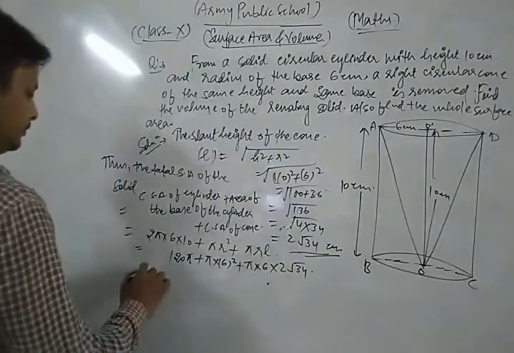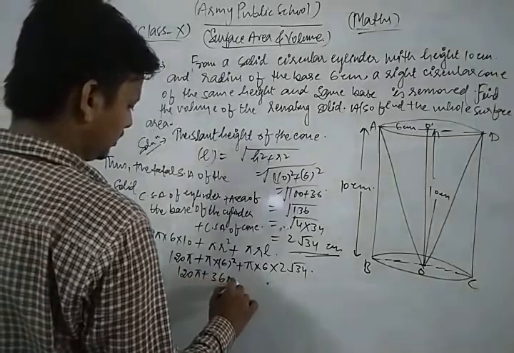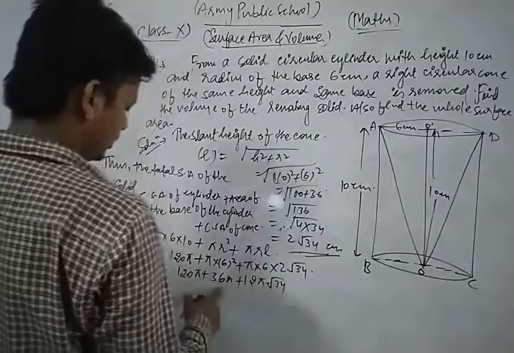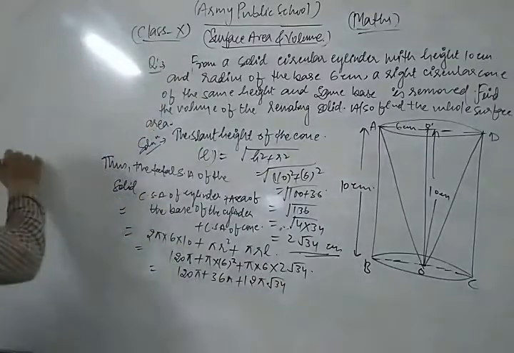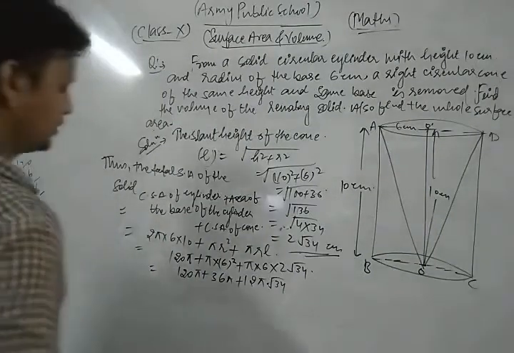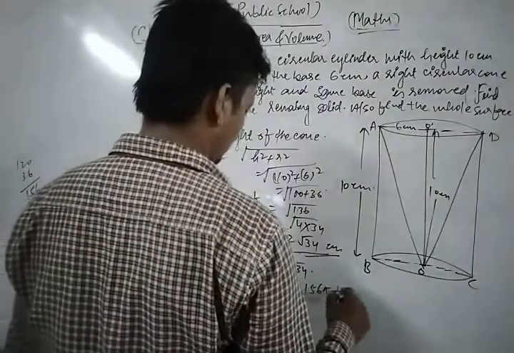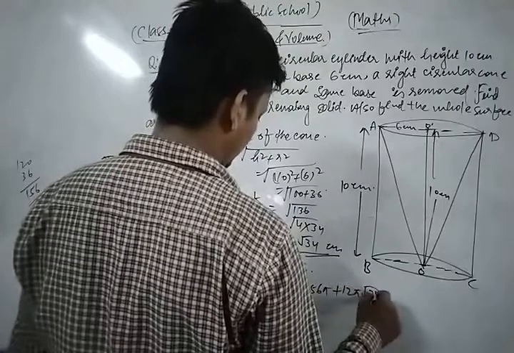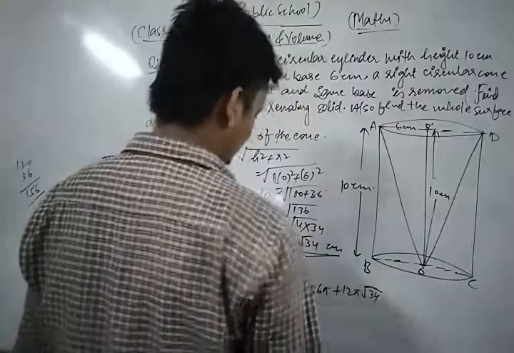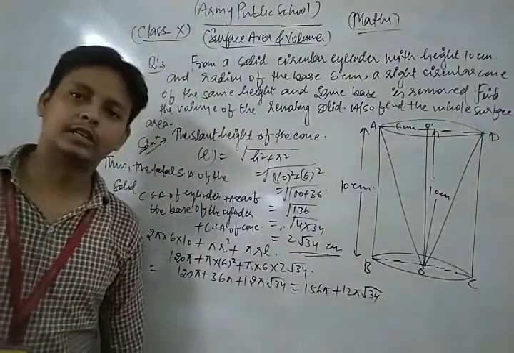Now we simplify them. 6 square is 36 pi plus 6 into 2 is 12 pi under root 34. Now adding 120 and 36, we get 156 pi plus 12 pi under root 34.